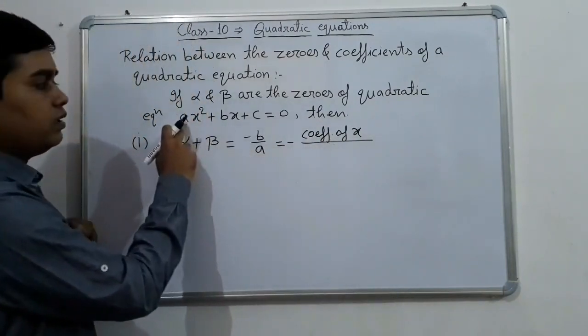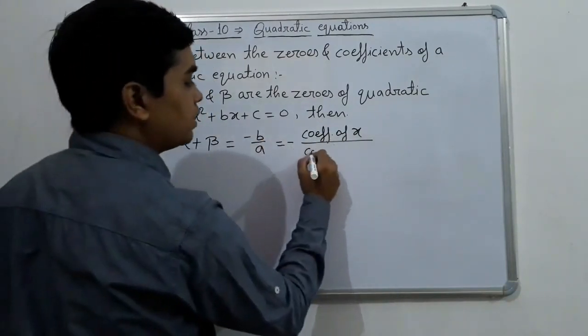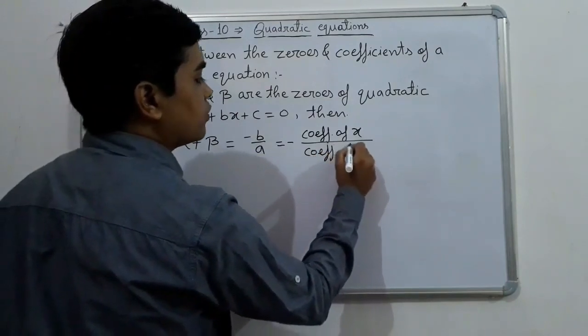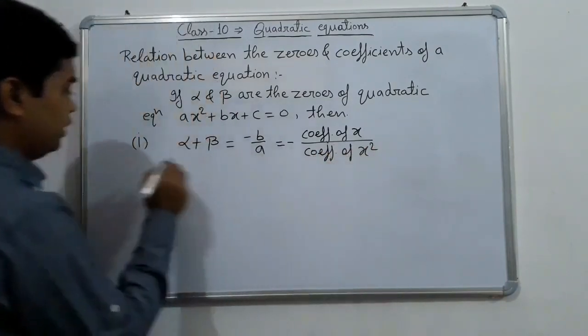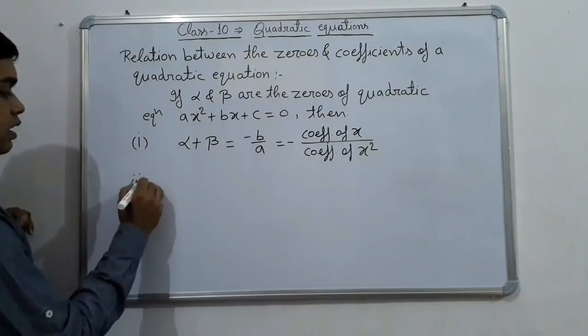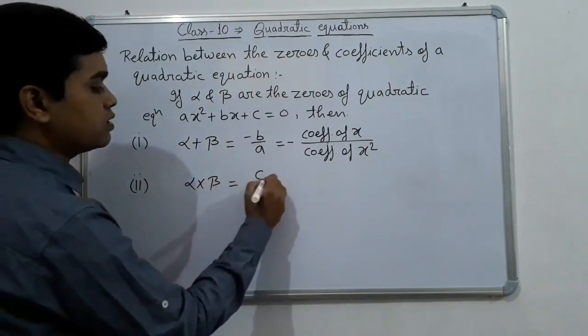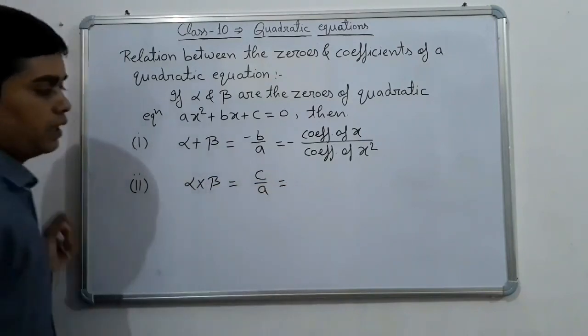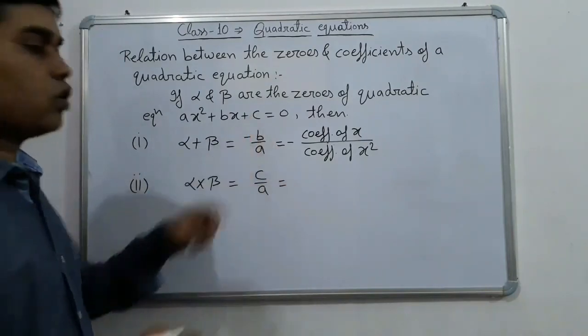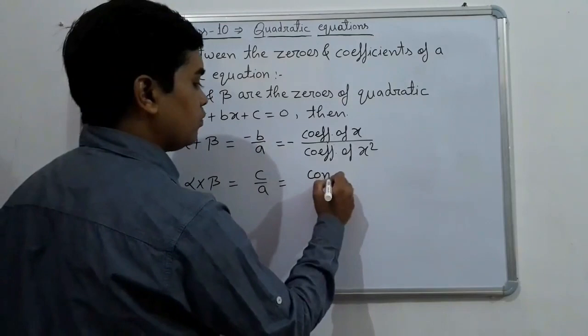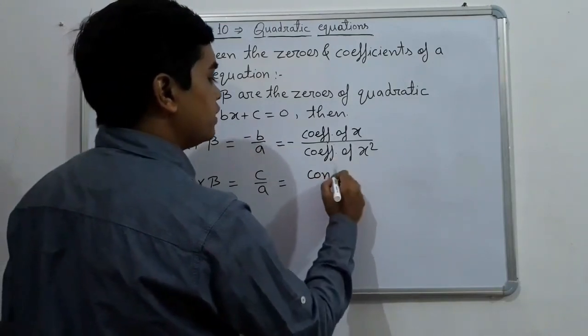So what is a here? A is coefficient of x square. This is first relation, and now second relation is alpha into beta is equal to c upon a. Again, what is c? C is constant term.